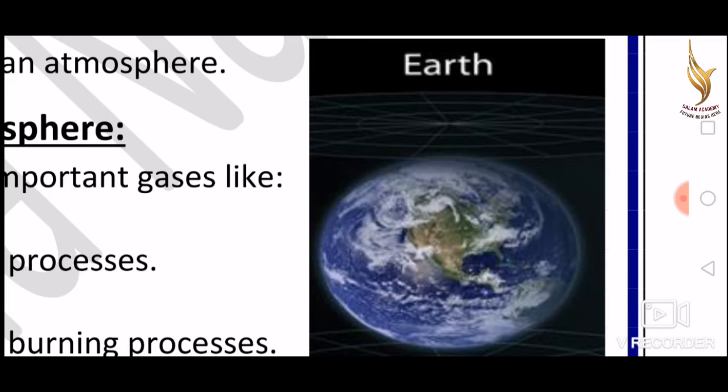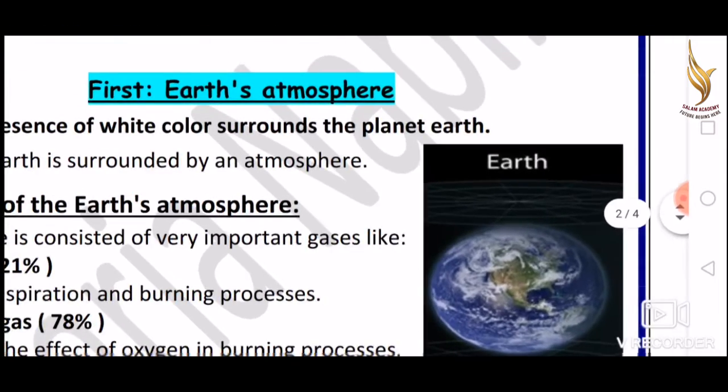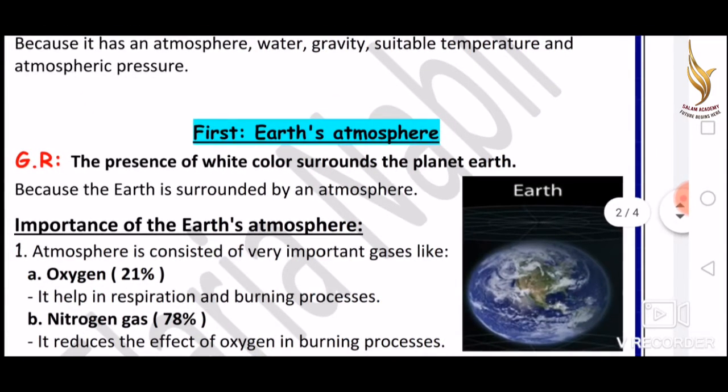Atmosphere means a mixture of gases around the Earth. So the question: the presence of white color surrounds planet Earth. Why? Because Earth is surrounded by an atmosphere.